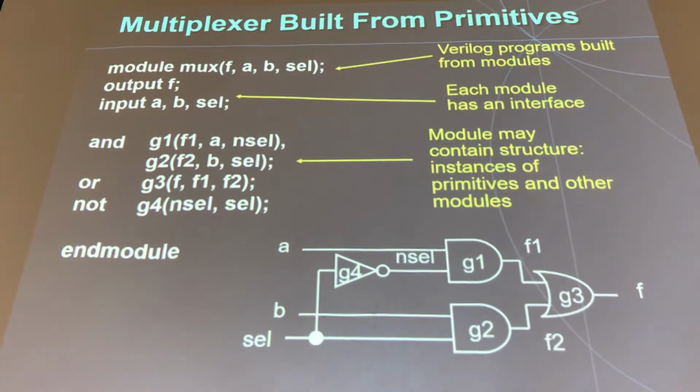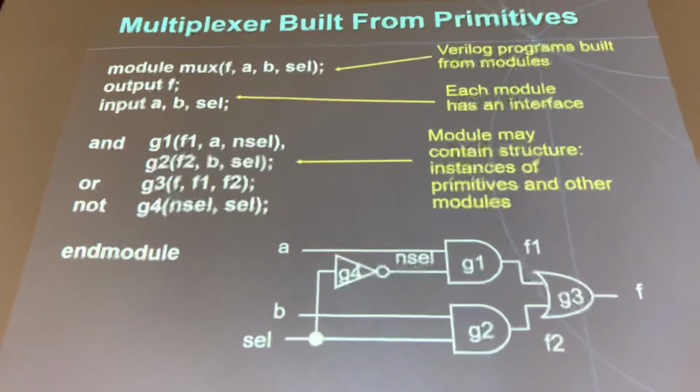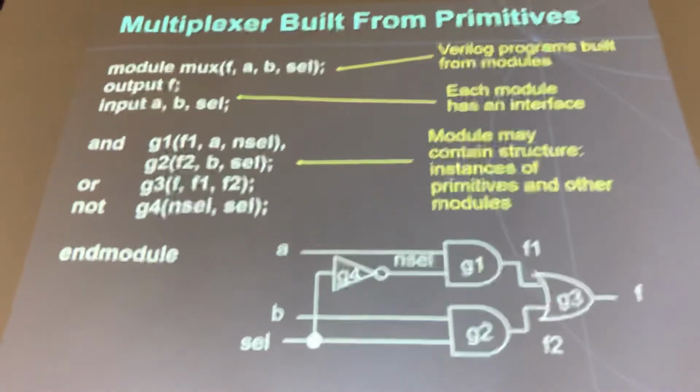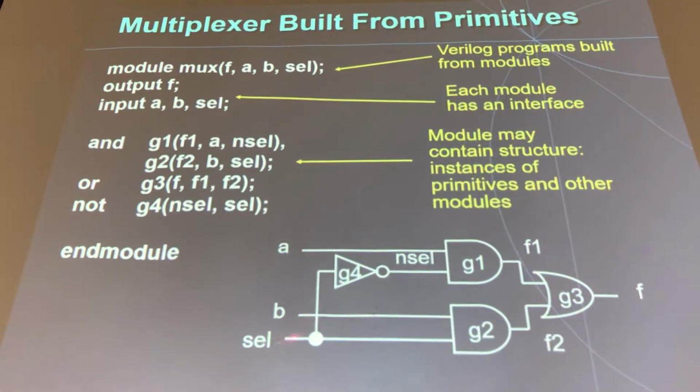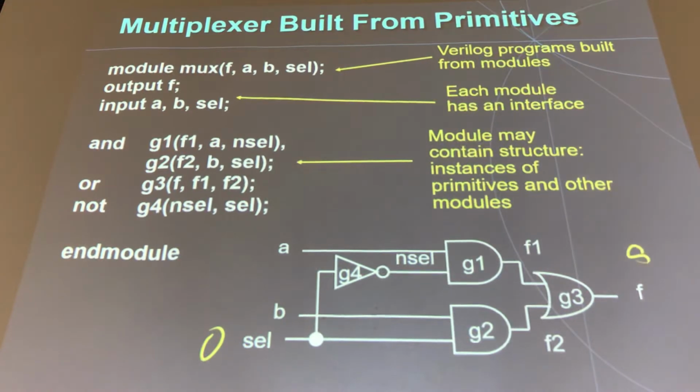So if you still remember from the unit, in a 2 to 1 multiplexer, when the selection sel is 0, F is going to get A, right? If sel is 1, you're going to get B in the output. That's a 2 to 1 multiplexer.